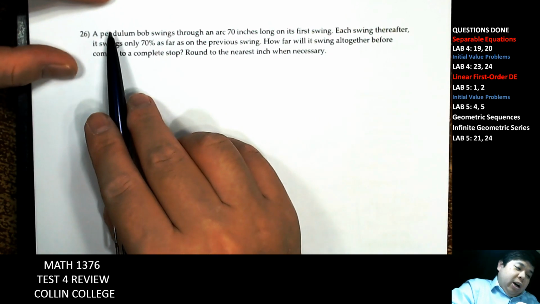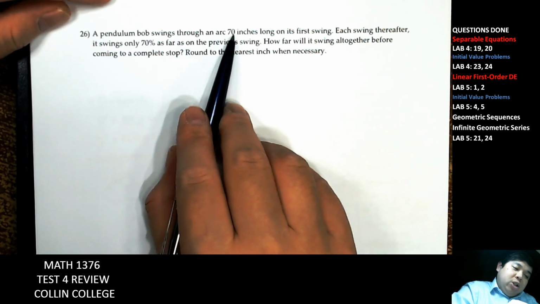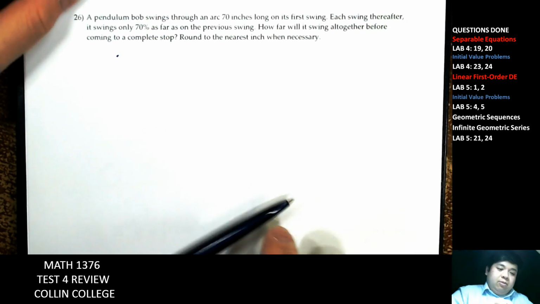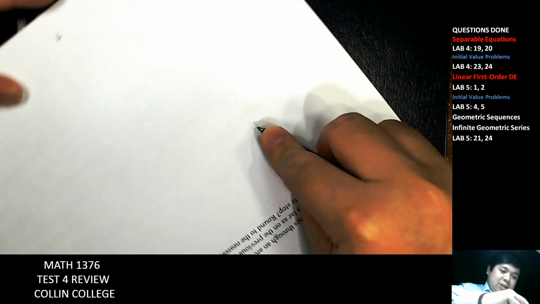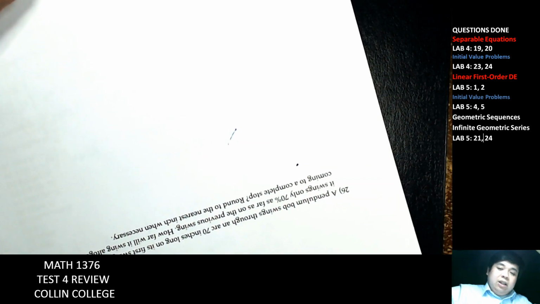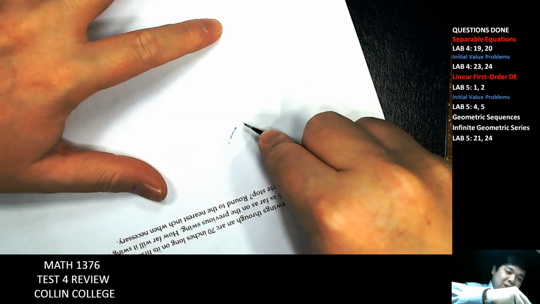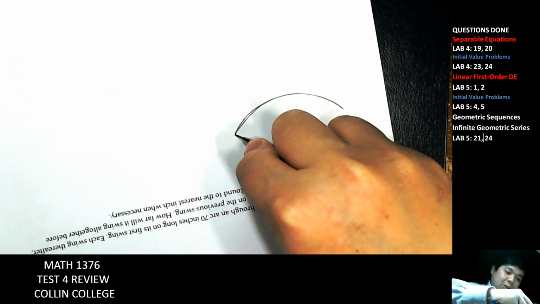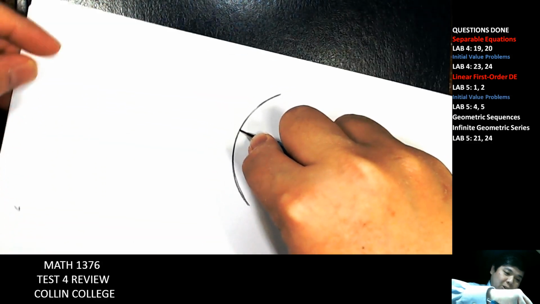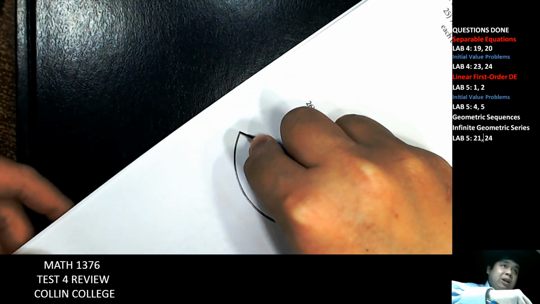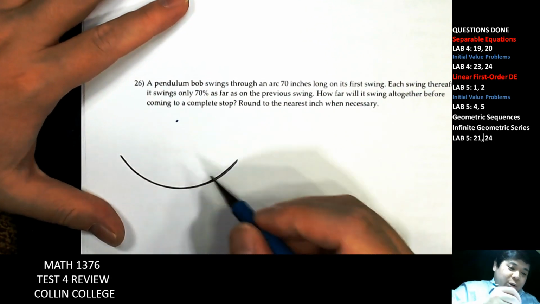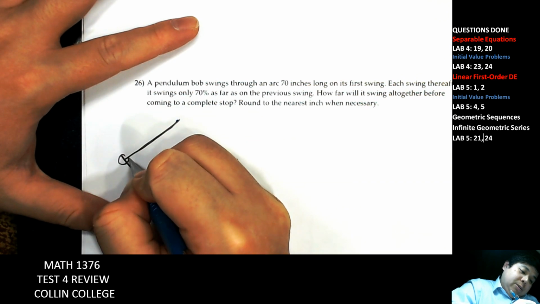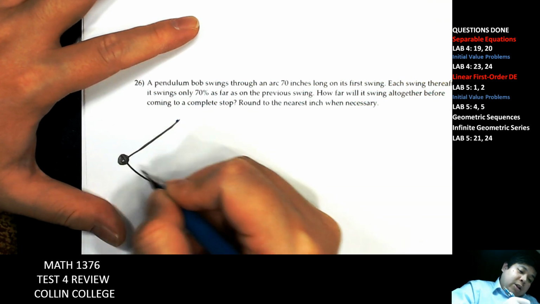On this one, a pendulum swings through an arc of 72 inches long on the first swing. I can do that better with a pencil. We can have the full circle too if we need to. Anyway, let's say it swings back and forth.